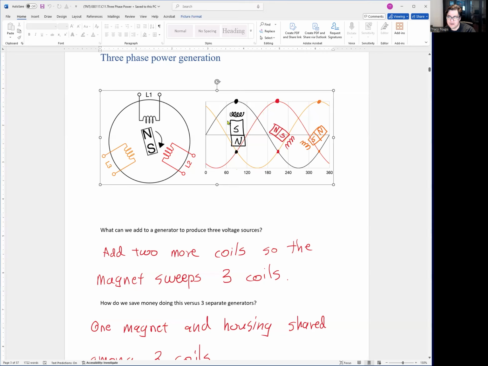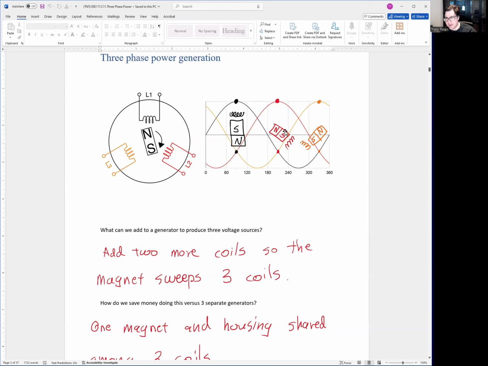So if you look over here, when the south pole is facing up towards the first coil, you're going to get your peak right here. See, the black wave is the peak. That's L1 peak. As the magnet moves, you're going to have another coil roughly 120 degrees down to the right.